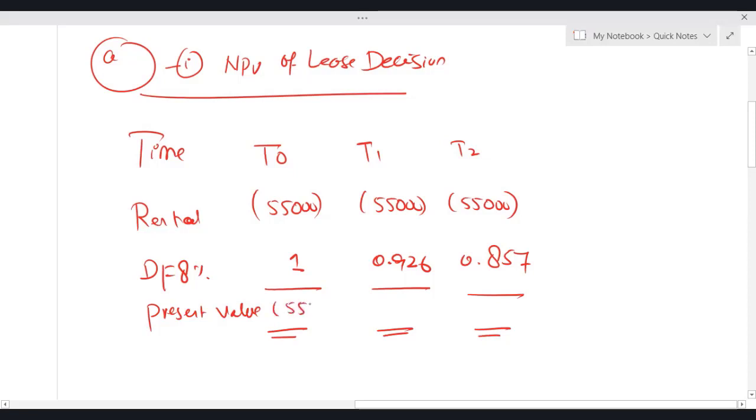Present value 55,000 times 0.926 is 50,930. Then $47,135.